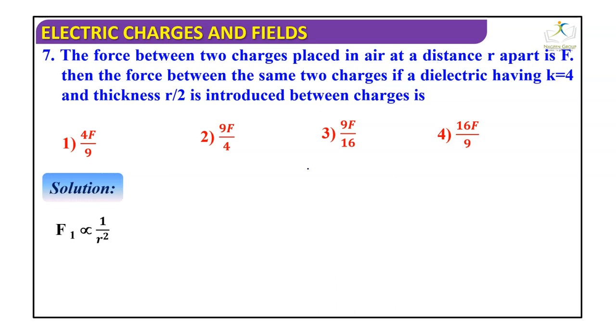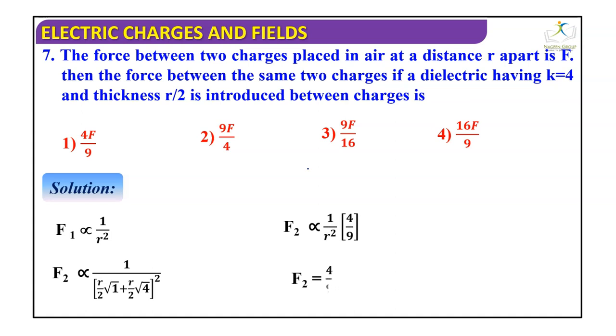We know that force is inversely proportional to the square of the distance between them, and F2 is equal to, if the dielectric is inserted, the formula will be this. I'm just putting the value of K. So F2 is equal to 1 by r square times 4 divided by 9. So F2 will be 4 by 9 times F1. According to that, the first option is correct. Hope you understand the solution.